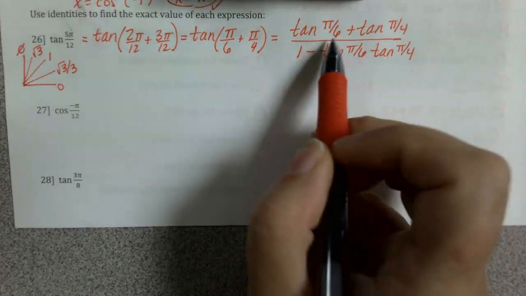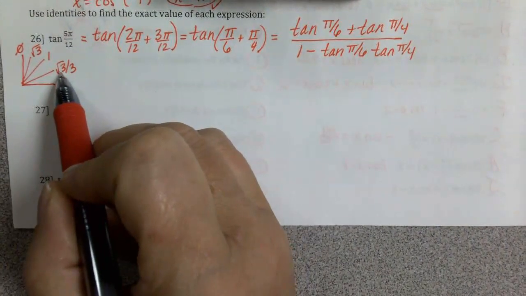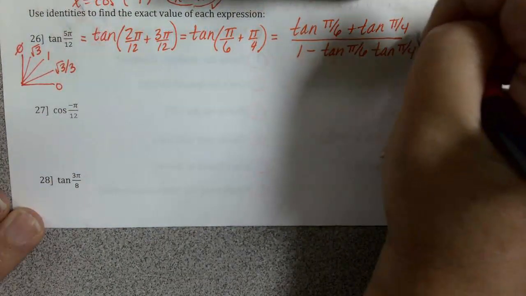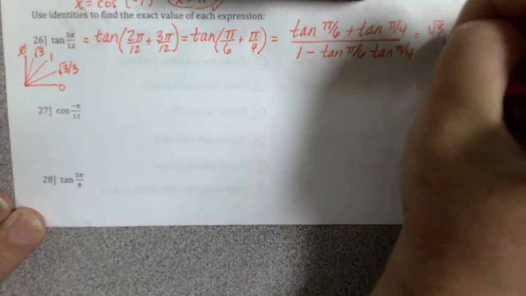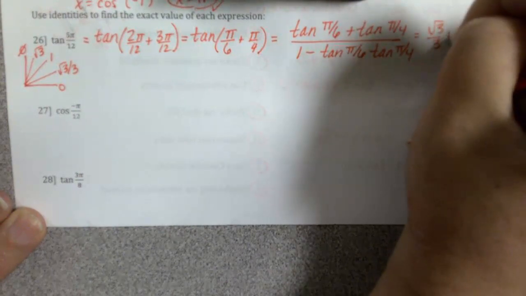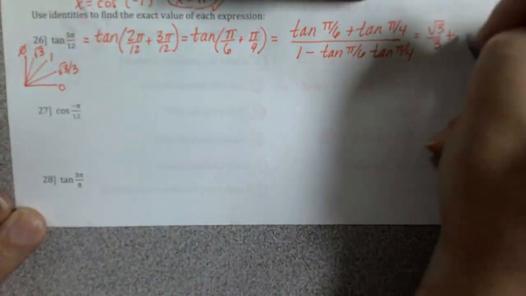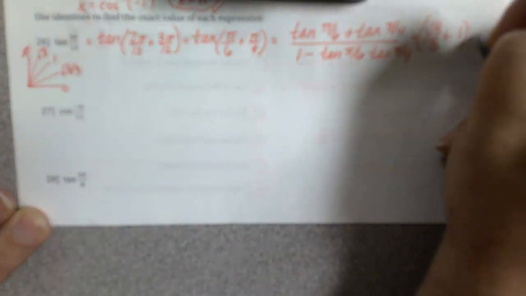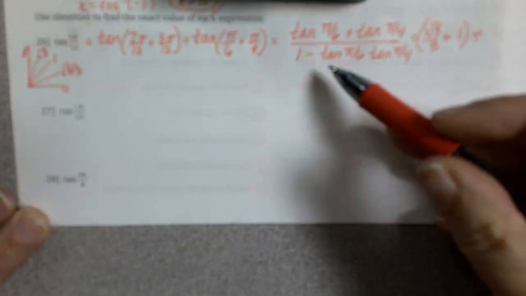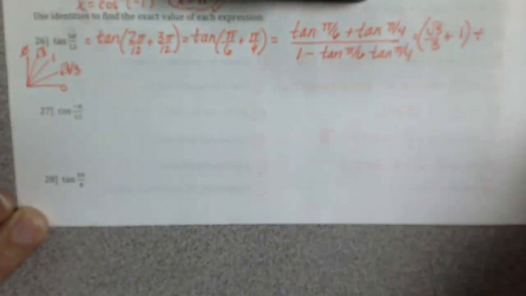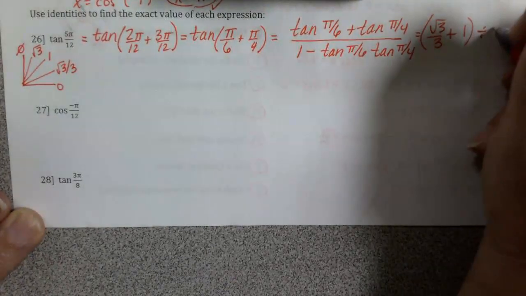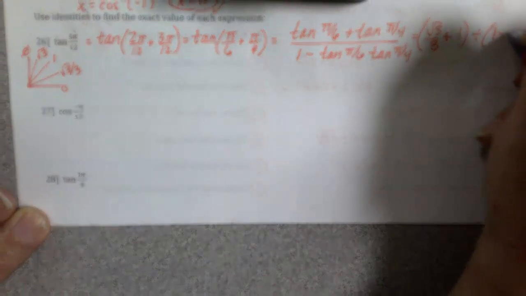So pi over 6 has a tangent of square root of 3 over 3. And then the tangent of pi over 4 is 1. Then we're going to divide that by the denominator, which is 1 minus the tangent of pi over 6, which was root 3 over 3, times the tangent of pi over 4, which was 1.